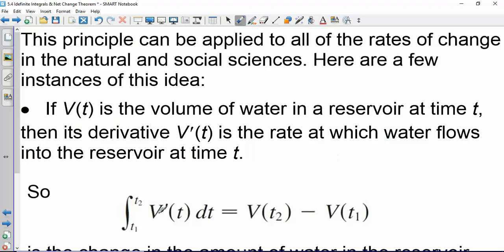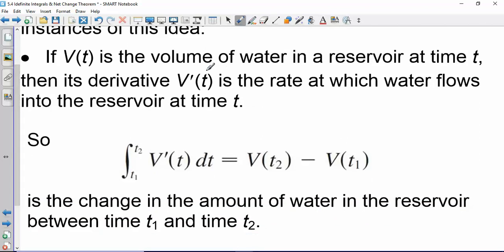So the next few slides just have some examples of when this is used. First one I had, kind of like the example I just gave. If you have the volume of water in a reservoir, and the derivative is the rate at which the water flows into that, then the antiderivative would be the change in the amount of water.